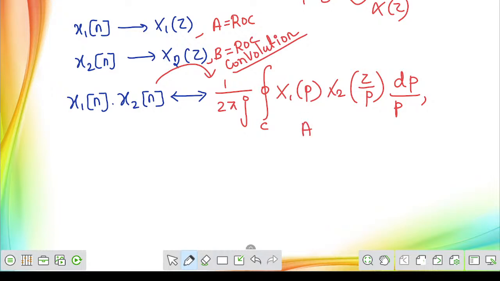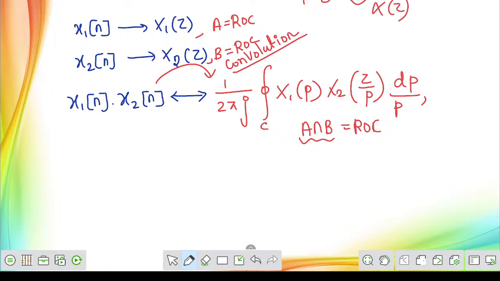So I will have to consider only the area which is in intersection, which is common for both of these. So the resultant ROC, whether the convolution is in time domain or frequency domain, it doesn't matter. Common ROC is going to be A intersection B. So you must remember these things also, a little bit important, sir. Hope you will not forget these things hereafter.